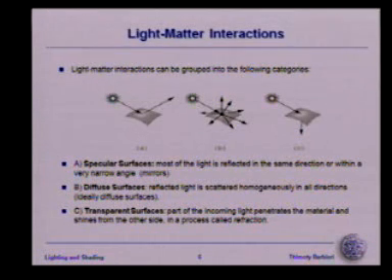Ideally, everything is reflected with the same angle. Same energy going in, same energy going out. There is no absorption of energy by the matter whatsoever, and there is no scattering. It enters with an angle, and everything bounces back with the same angle. This is the ideal situation.